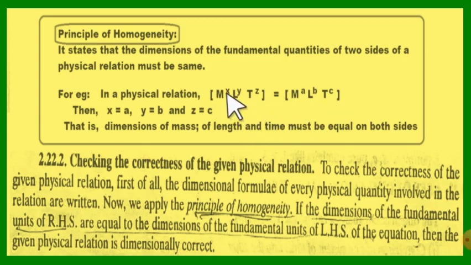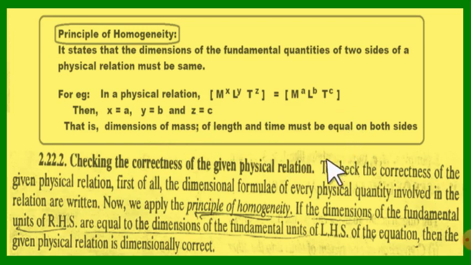That means mass must have the same dimension on both sides, and length must have the same dimension on both sides. So x must be equal to a, y must be equal to b, and z must be equal to c. That is, the dimensions of mass, length and time must be equal on both sides.